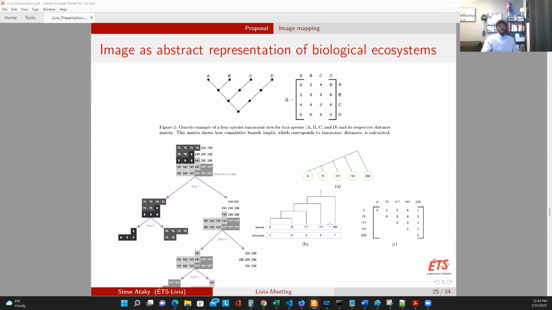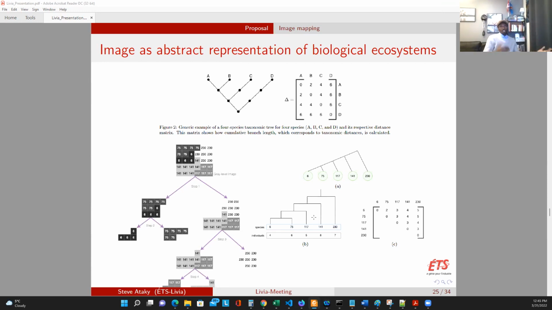And what is the distance between 6 and 230? The distance between 6 and 230 is 5. How can we compute this? We have 1, 2, 3, 4, 5. This is how we are counting the branches separating both species in order to establish the value that we are going to use in our distance matrix.